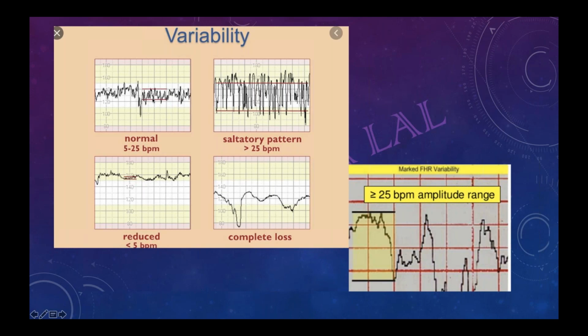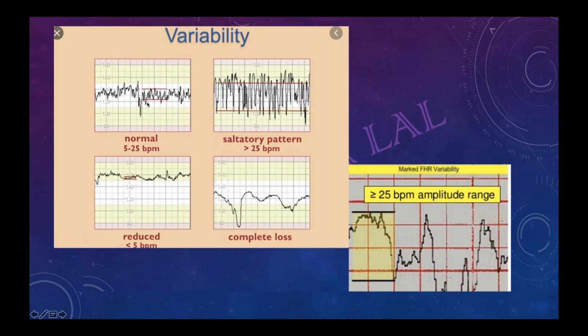Then we find the lowest part and the highest part, and calculate the difference from the boxes. Here it is 2 boxes. One box is 5 beats per minute, so 2 boxes will be 10 beats per minute variability. This is how we calculate variability.